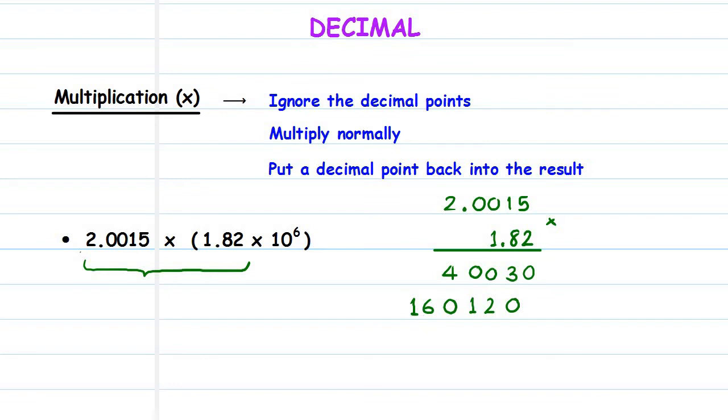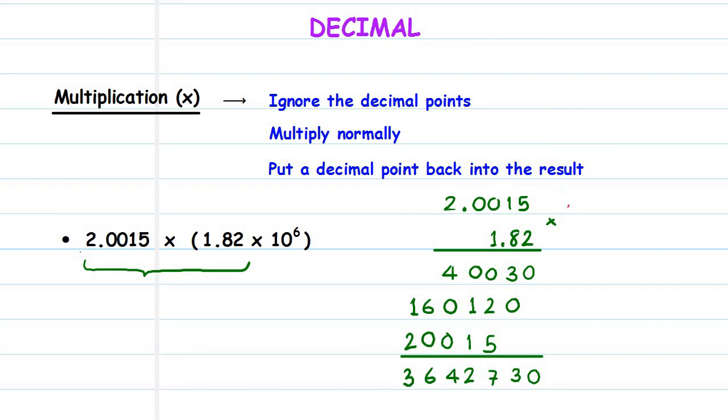And for 20015 times 1, we will get 20015. Now we add them all up. We will get 3642730.